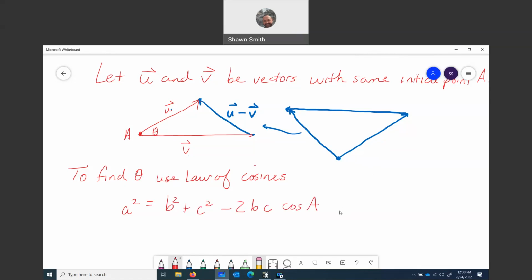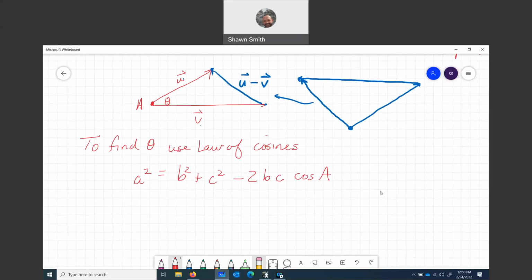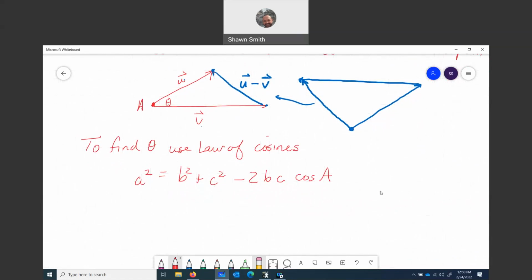Now let's rewrite what these A's, B's, and C's are as vectors. The side opposite of the angle right here, A, is U minus V, and we are looking for the magnitude, which represents the length of that side. So the magnitude of this squared. Just for ease and clarity, I'm not going to put the little arrows on top, it's going to get a little messy sometimes.